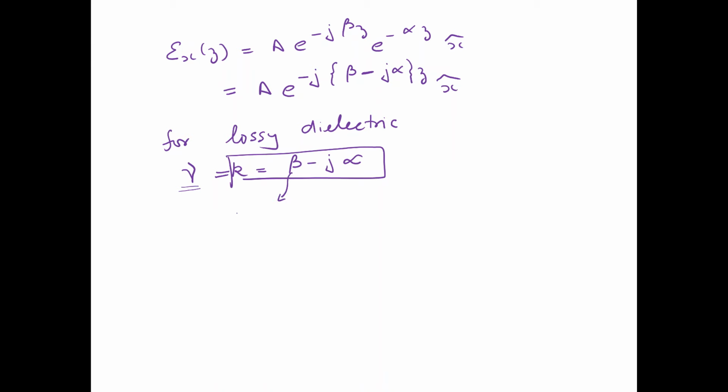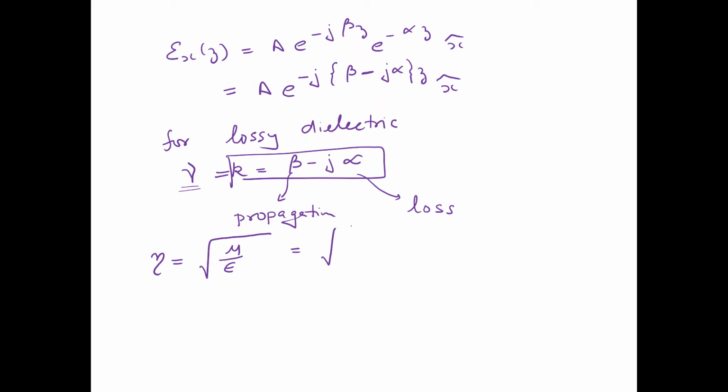Beta now represents your propagation. Alpha represents your loss. Everything else is the same. Let's take a look at eta too. Eta is the square root of mu by epsilon.